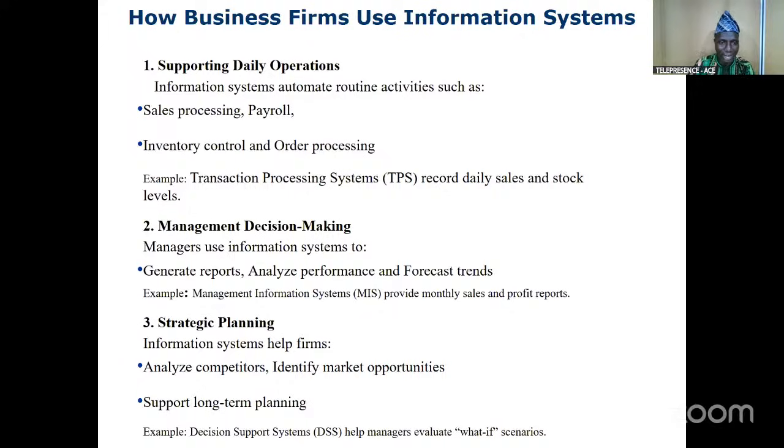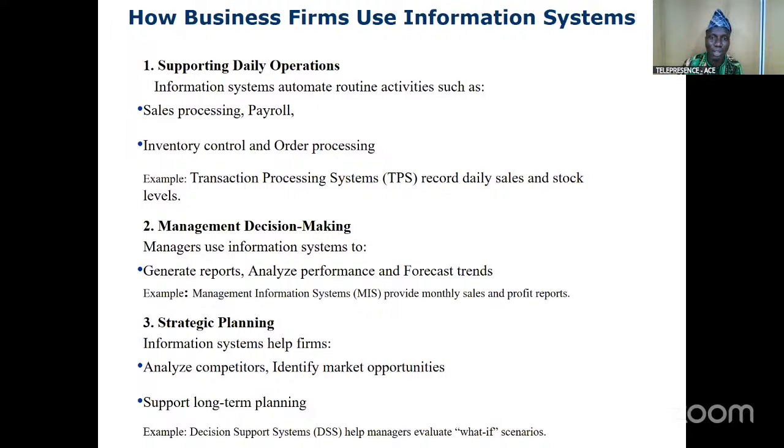So it supports daily operation. Examples of such systems are sales processing, payroll. The payroll at the end of the month, all staff will be paid. Inventory control and ordering processes. All the inventory that is entering the organization, the ordering is being controlled by this system. An example of a system that supports daily operation is the transaction processing system, which records daily sales and stock level.